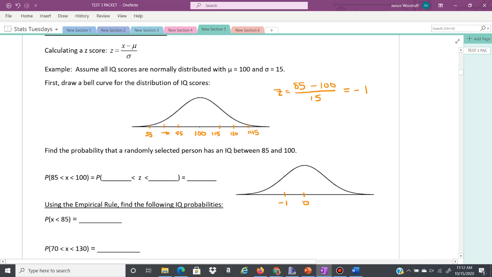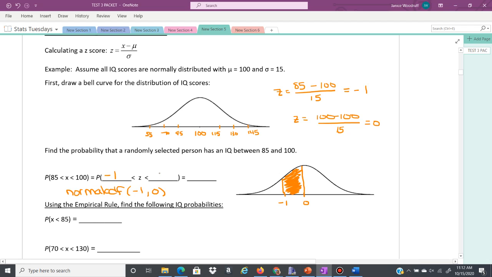Then we want the 100. That 100 is just 0 because 100 is our mean, but we can do the formula: 100 minus 100 over 15 gives us 0. So we want the probability between negative 1 and 0, this value right here. We've standardized our scores. Now we can either look them up in our z-chart or put them in our calculator. I'll put in my calculator normal CDF, negative 1, 0.